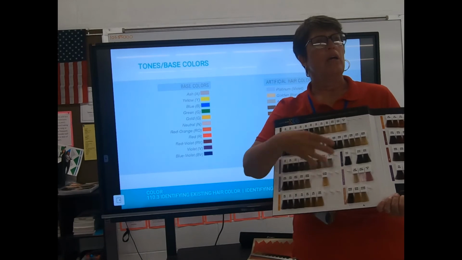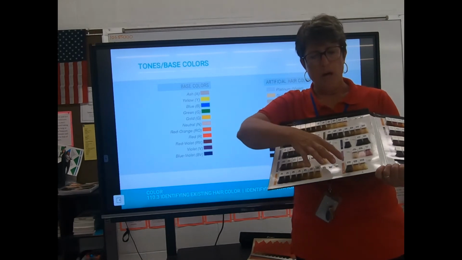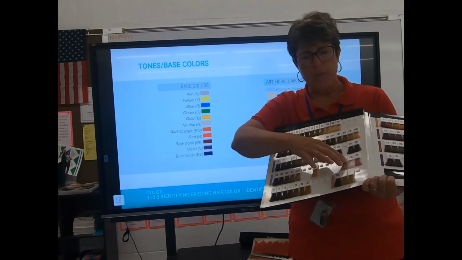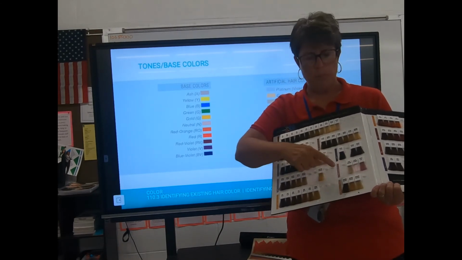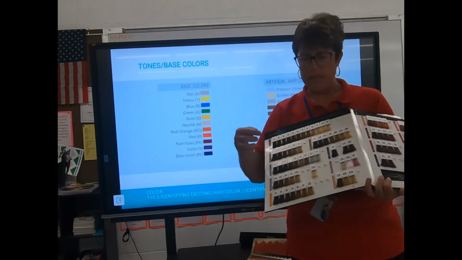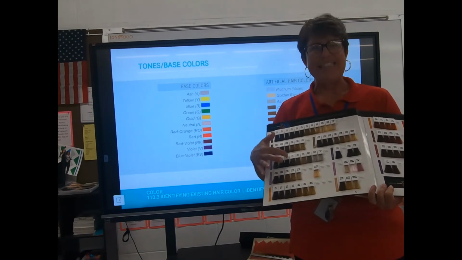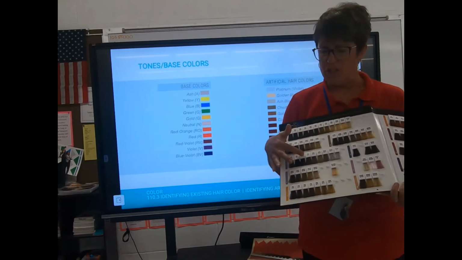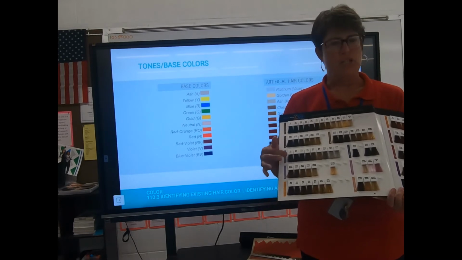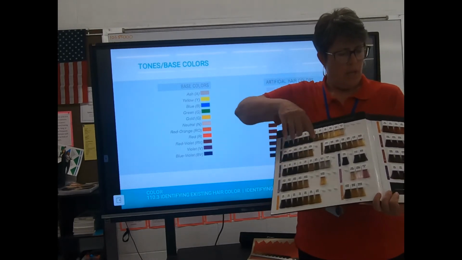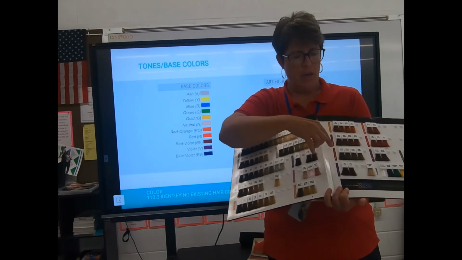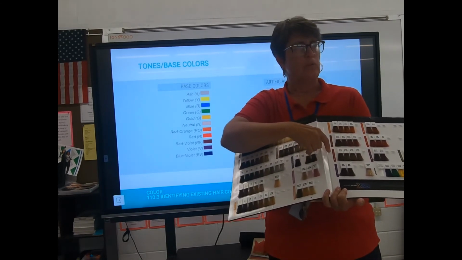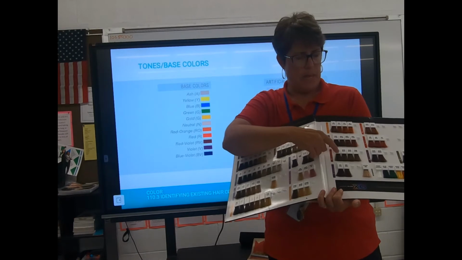They call it something, like this is 10P, a 10 platinum, it has a purple base. So all these letters mean something. I've got a 6A, a 6 ash, and it tells you right there, ash, and it's got a blue base. I've got a 4RB, a 4 red brown, okay, and that's the base.